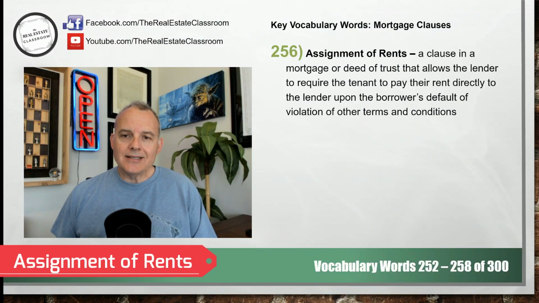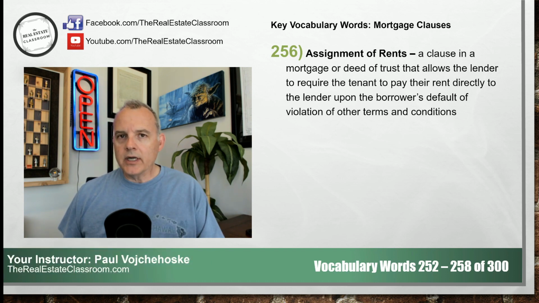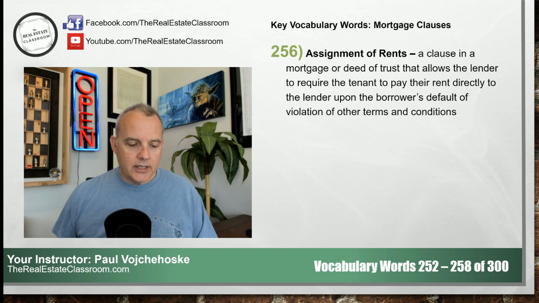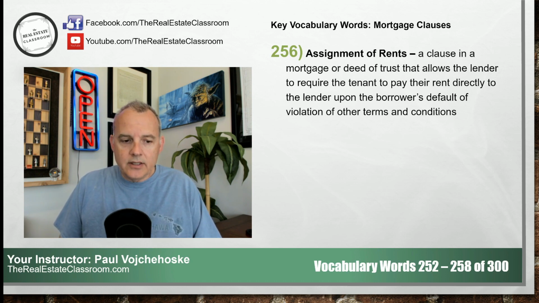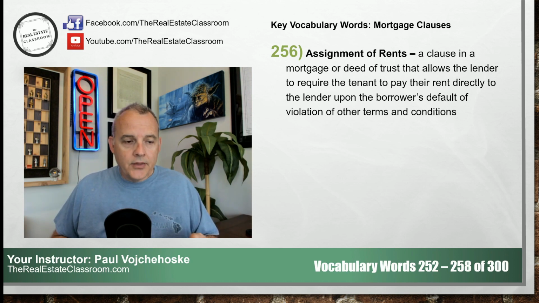256 is what's known as an assignment of rents. I did a video not too long ago on the difference between mortgagee in possession and assignment of rents. It is a clause in a mortgage or deed of trust that allows the lender, upon default in payments of the borrower, so in this case, an investor who has a rental property and they stop making the mortgage payment, to reach out directly to the tenant, and then the tenant is going to pay their monthly rent payments directly to the lender.